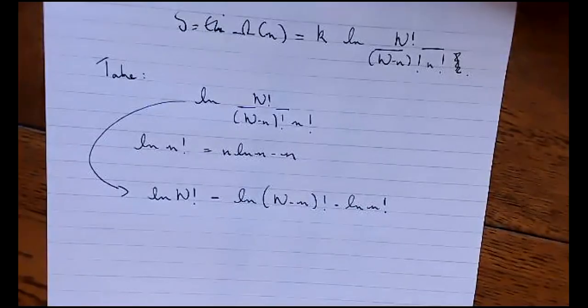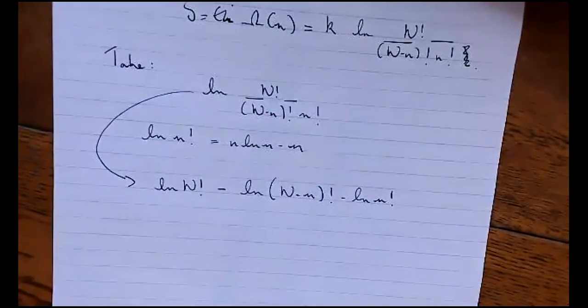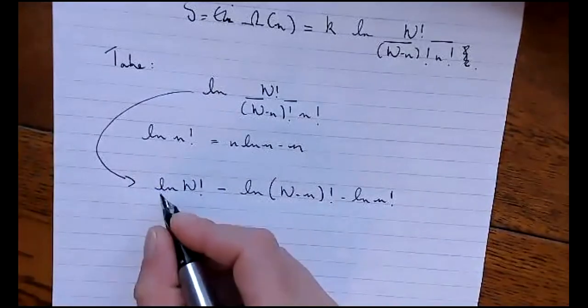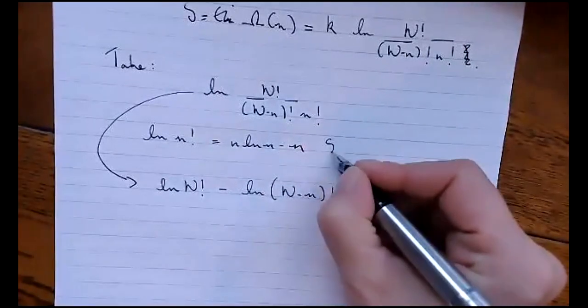Of course the things on the bottom are just minus because of the rules of logs. Now we can use Stirling's formula. We want to do this term first.